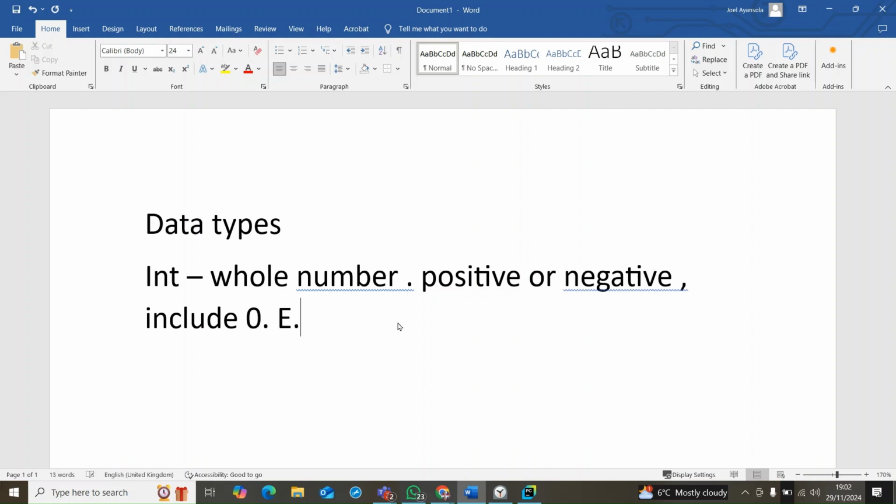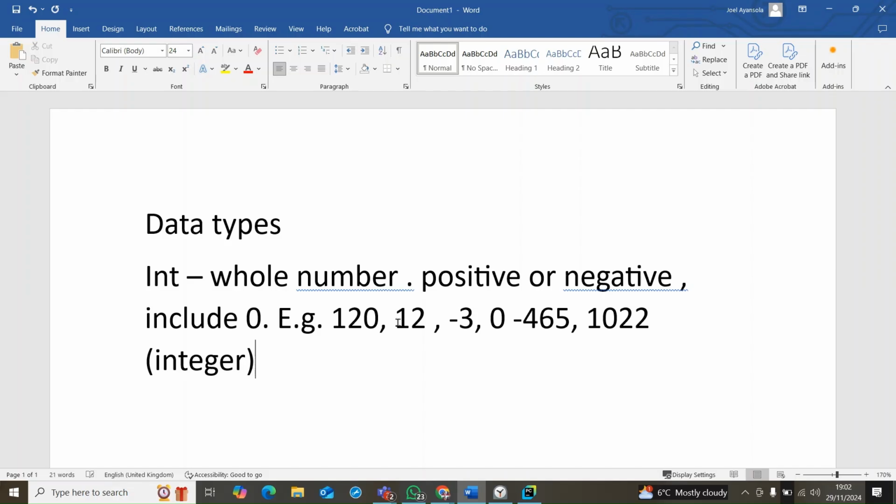So for example, we're talking about 1, 20, 12, minus 3, 0, minus 465, 1022. So this is what we call integer. Any number that doesn't have a decimal after it is called integer in any programming language.